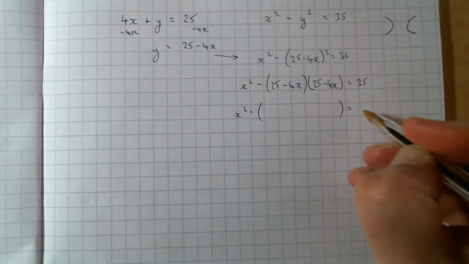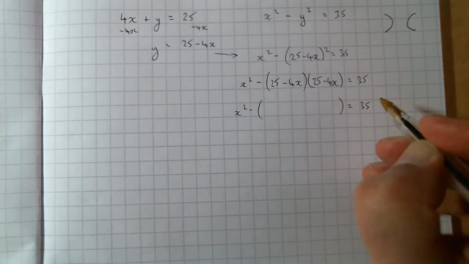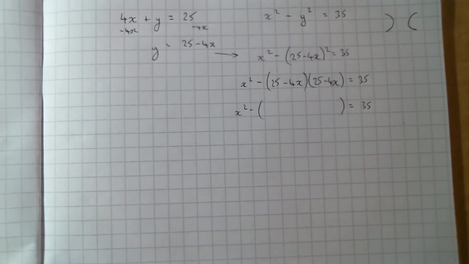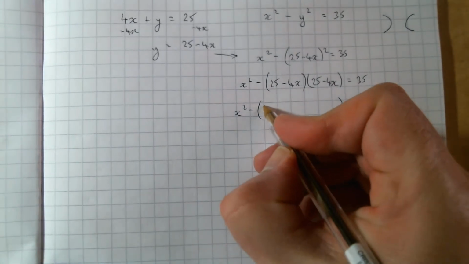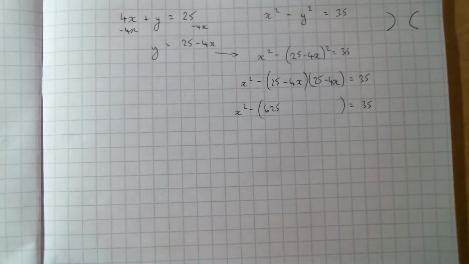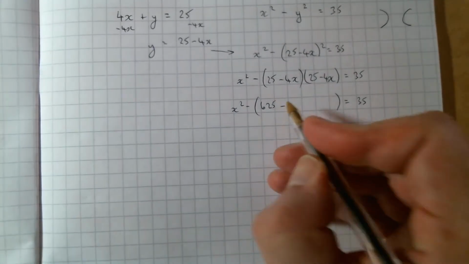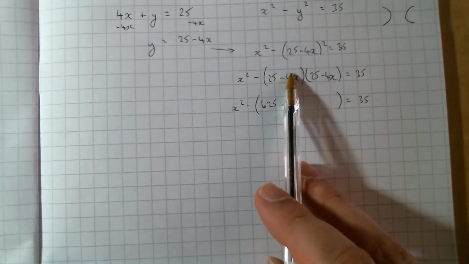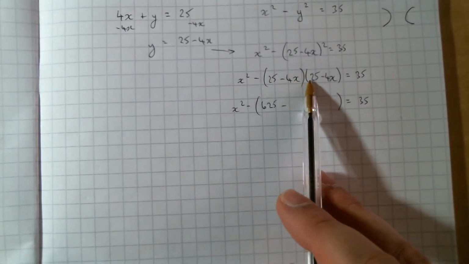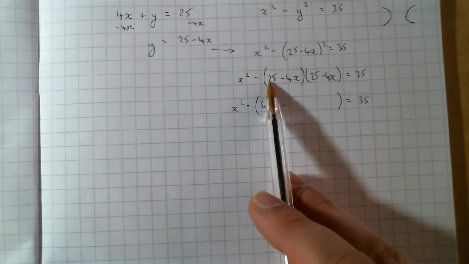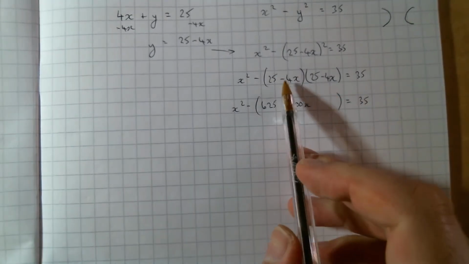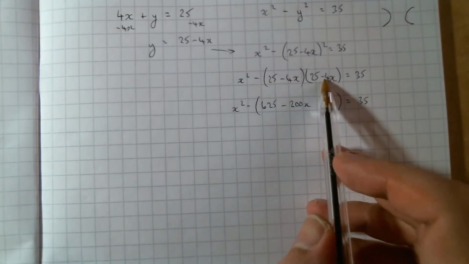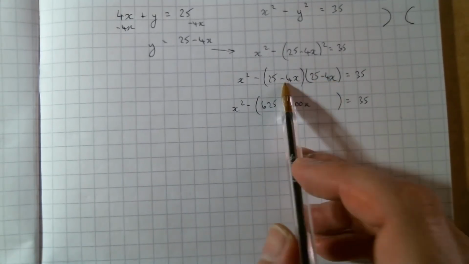Keep a big bracket around the result of the two smaller brackets. 25 times 25 is 625. Minus 100x, minus another 100x, so minus 200x, plus negative times negative makes a positive, plus 16x squared.